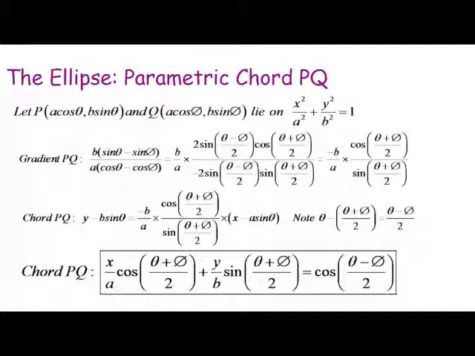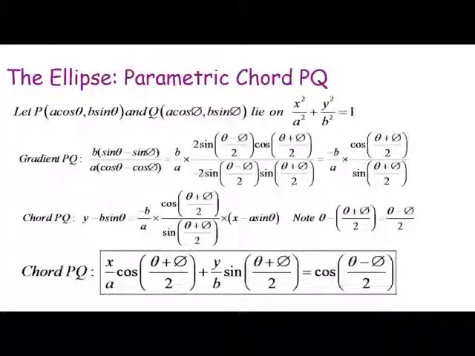I just did it quickly here to show you the equation of the parametric chord PQ, coming from the points P and Q. You can see here the parameters theta and phi. They're obviously on the ellipse. But this is quite a difficult equation to derive, and you would need to revise your sums to differences and differences to sums trig results.